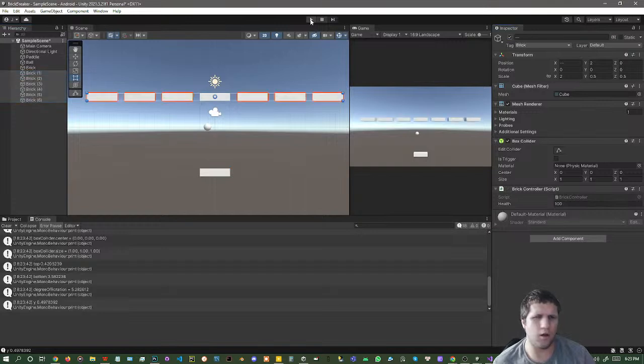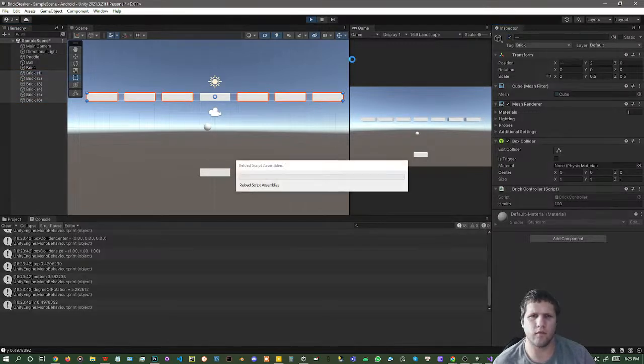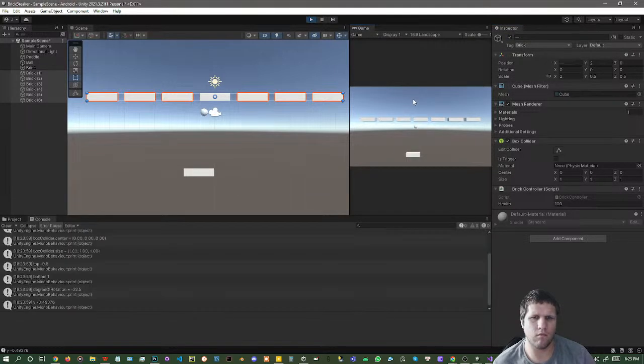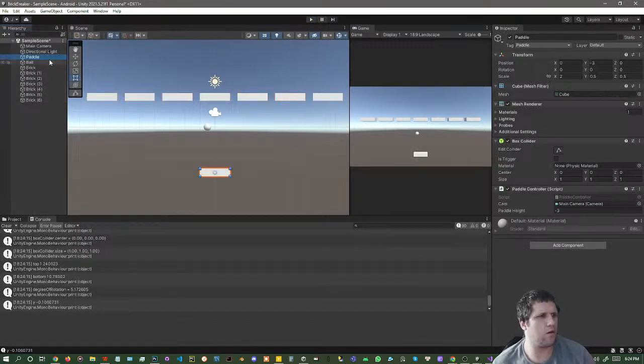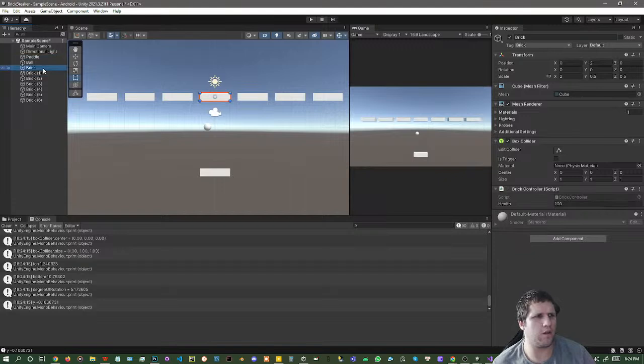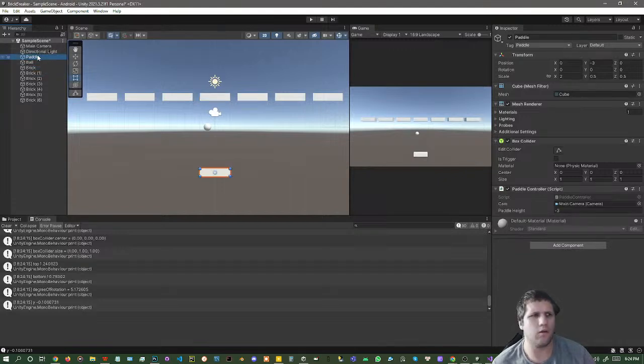Let's turn on all of our other bricks. Something interesting is happening when it touches our paddle.